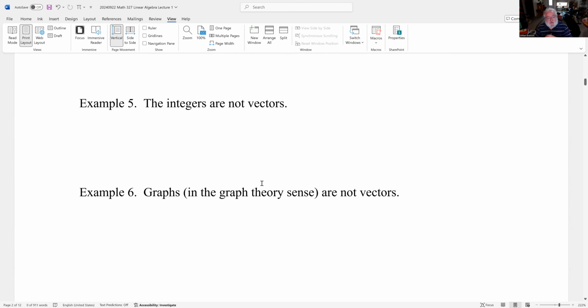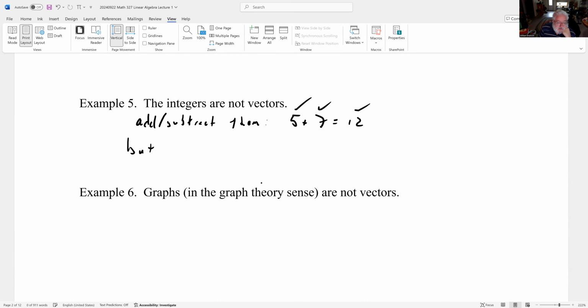Now, here are some things that are not vectors. The integers are not vectors. You can add and subtract them: 5 plus 7, for example, is equal to 12. Integer plus integer gives me an integer. But pi times 3, here's my integer, here's a real number, this is not an integer.